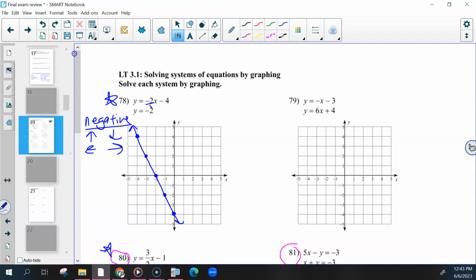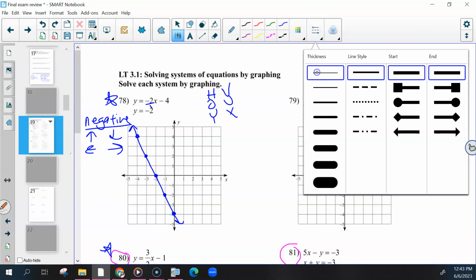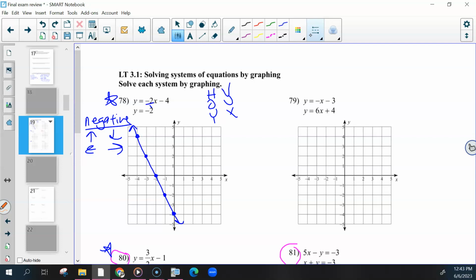Your other equation is a y equals, so you have to remember your point bucks. So since this is a y equals, it's going to be a horizontal line starting at -2. So on the y-axis, find -2, draw a point, draw a horizontal left and right line through it.